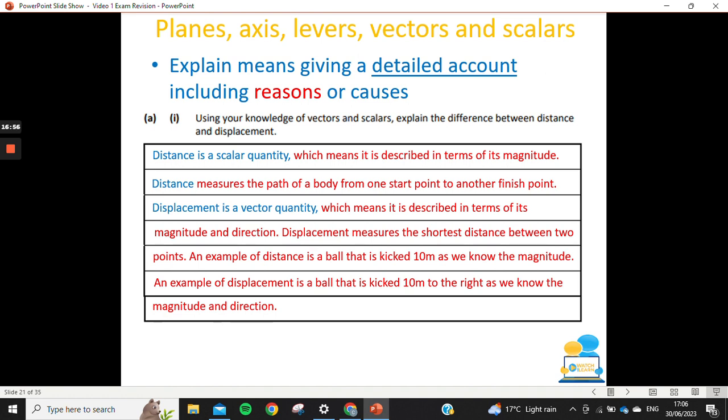So if a crow was to fly from Mallin Head to Mizen Head, the displacement would be much shorter, as they would go in a straight line between the 2 points. Another example of distance is a ball that is kicked 10 meters. So we know the magnitude of it. And an example of displacement is a ball that is kicked 10 meters to the right. So we know the magnitude, the distance or how far it went, and also the direction that it went in.